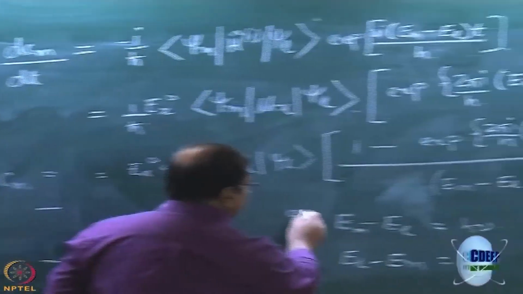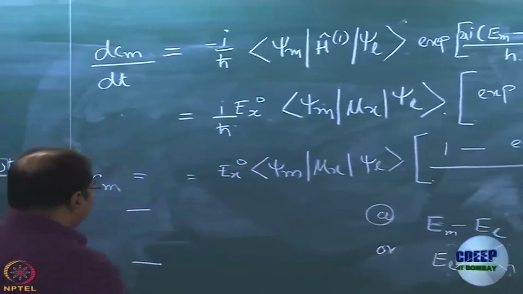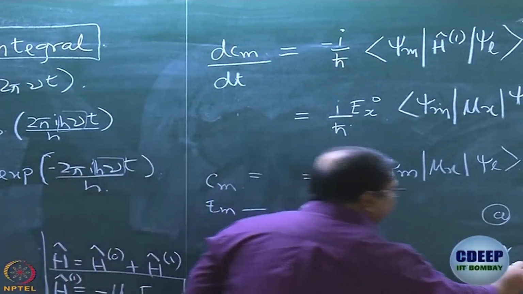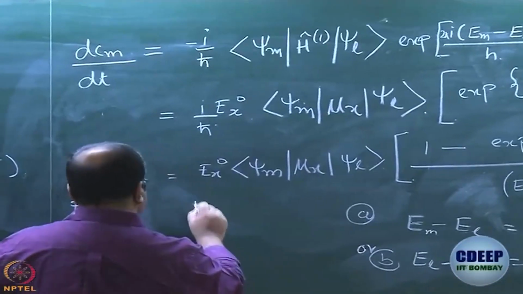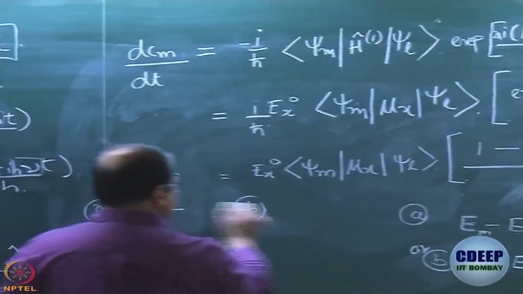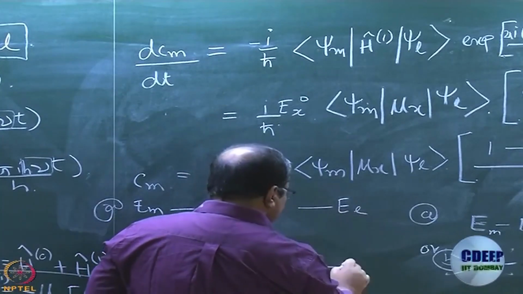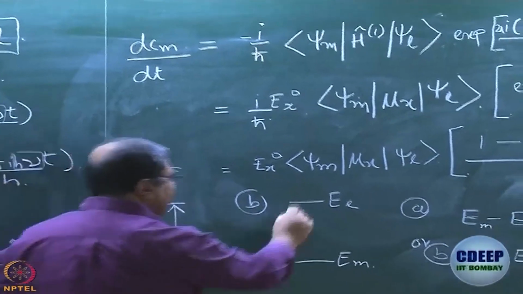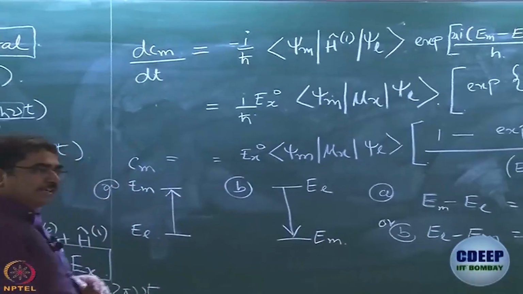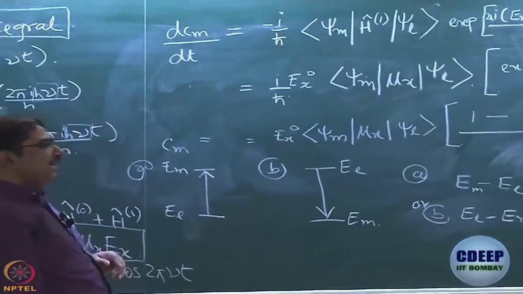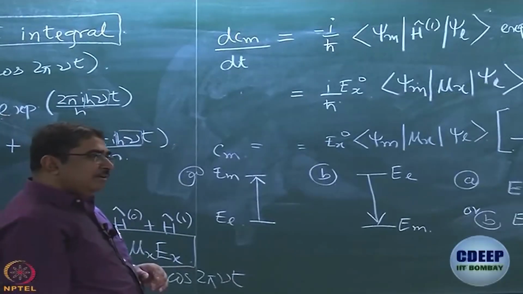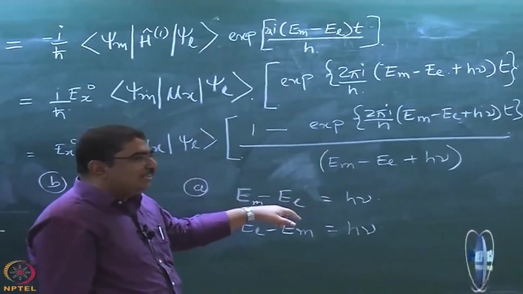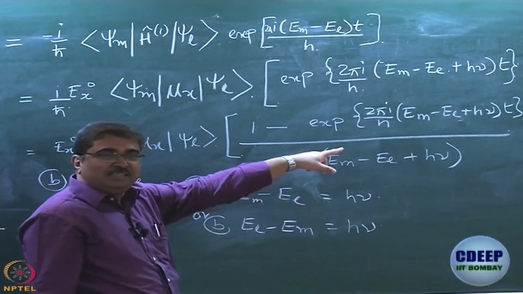For the first one, Em minus El equal to h nu, this is Em, this is El. For the second one, the upper one is El, the lower one is Em. I will just draw the arrow to indicate the nature of transition. The first one, Em minus El equal to h nu, is a little strange because this is actually satisfied by the second term, not the first one.